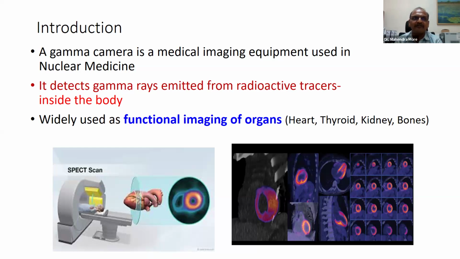On sonography or on a basic X-ray, you will get an idea of the kidney's shape and size, but what we are interested in is the function of the kidney: whether both kidneys are properly functioning, whether one kidney is functioning less or more. That way we can quantify the functional status of the organ, not only of the thyroid, but the kidney and the heart as well. Even the liver and lung can be studied. The functional status of those organs can be studied under the gamma camera.